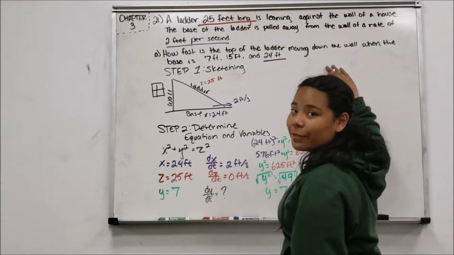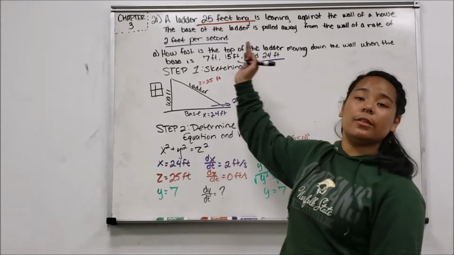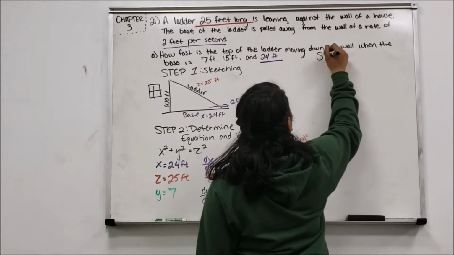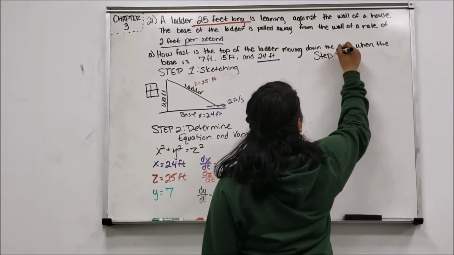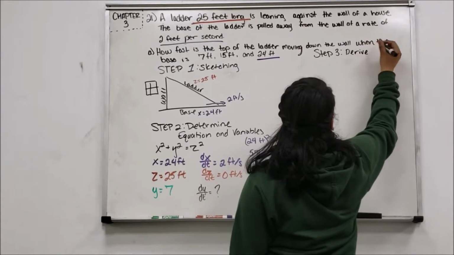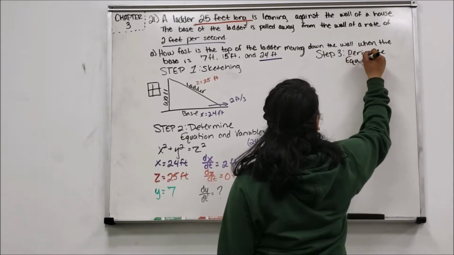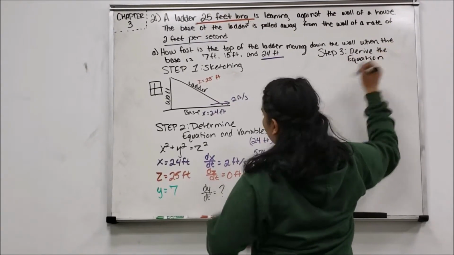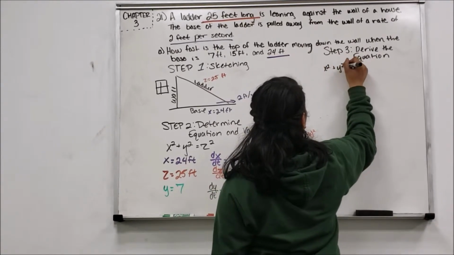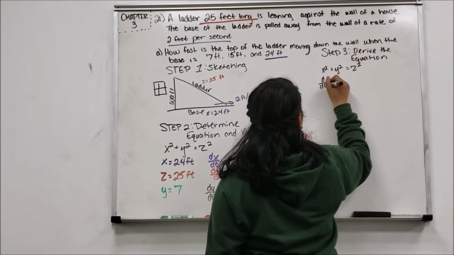I will be moving a little bit fast with step 3 just because it's the same thing that it was for when we looked at 15 feet and when we did the one for 7 feet. So I'm going to copy it down, x squared plus y squared equals z squared. I'm going to take the derivatives of both sides.